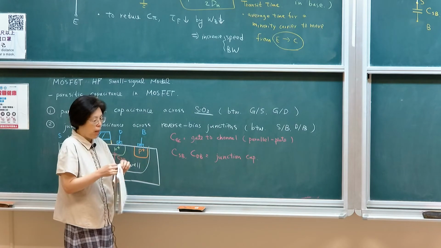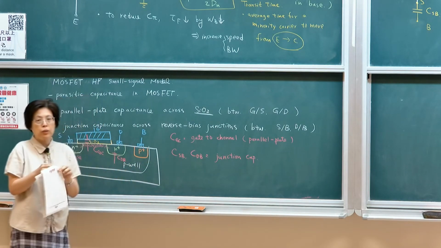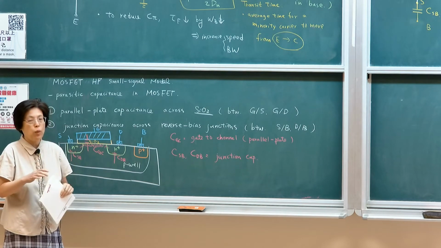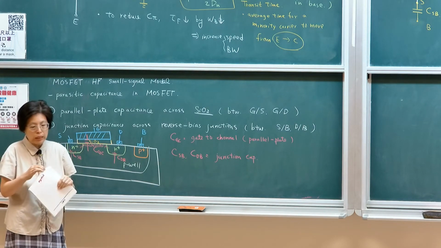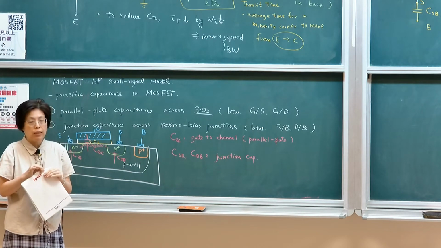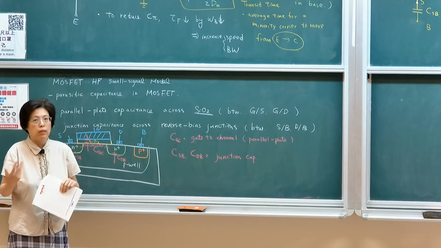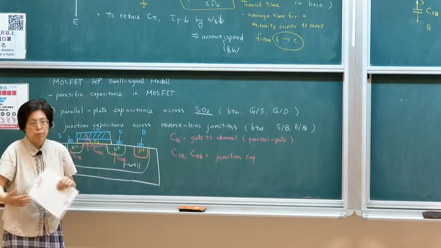Before that, we need to talk about what we call the transit frequency of a transistor. So once we have this parasitic capacitance, it will actually cast a limit as to how fast a device or a circuit can work, or the speed of the circuit.